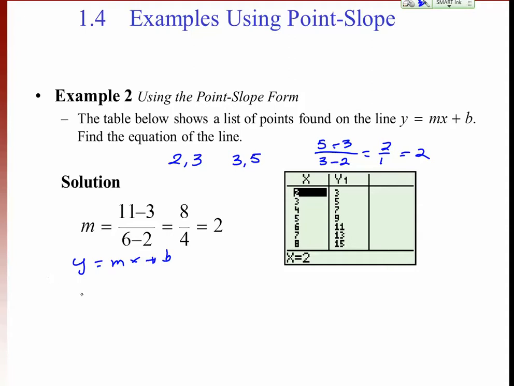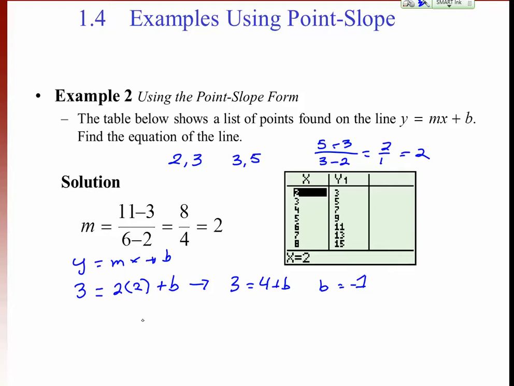Just the first point: 3 equals 2 times, we know the slope is 2, the x point is also 2, plus b, so that leads to 3 equals 4 plus b, so that means that b must equal -1.